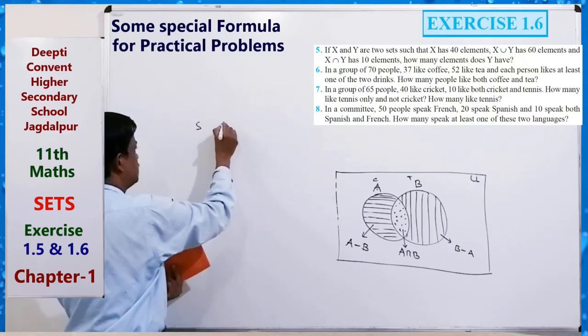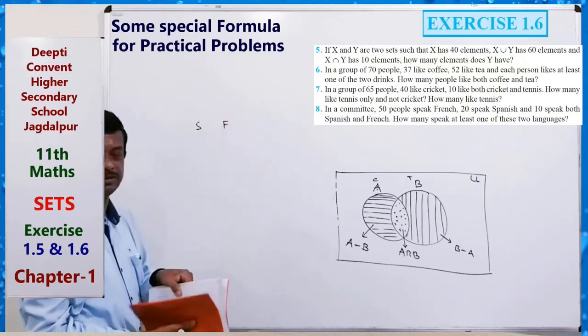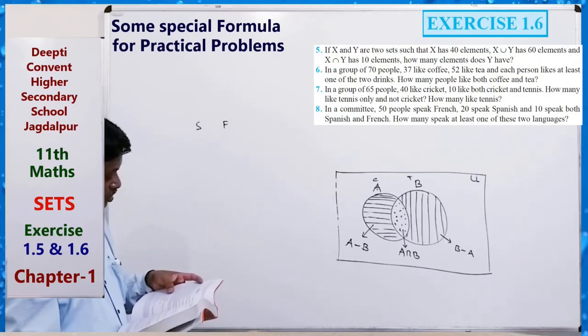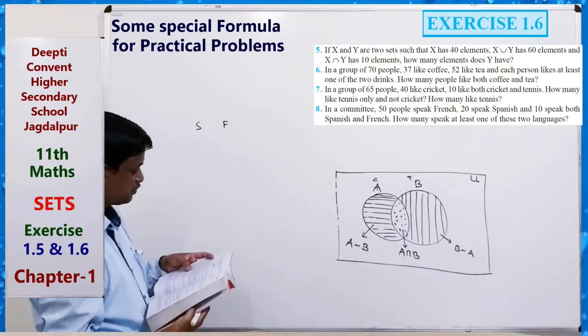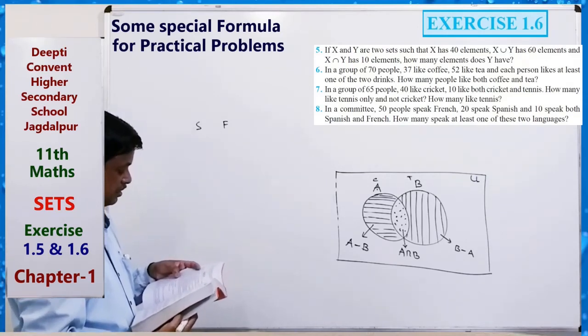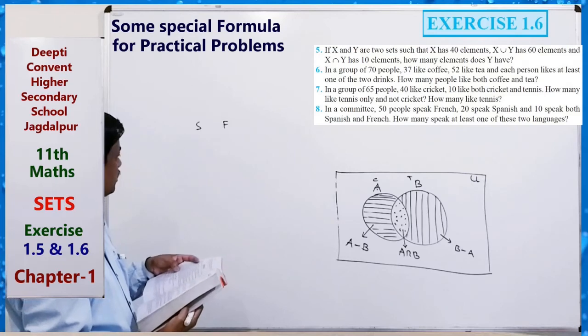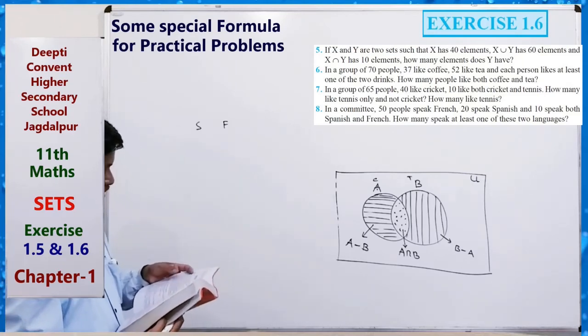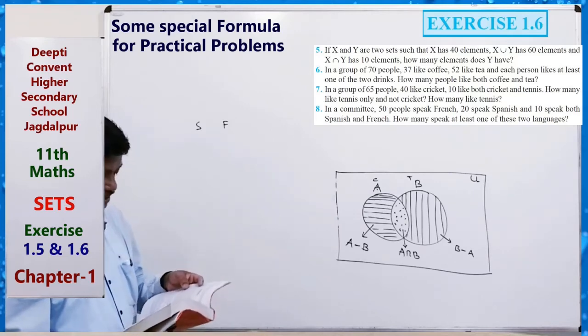Suppose S denotes the set of all people who speak Spanish and F for French.